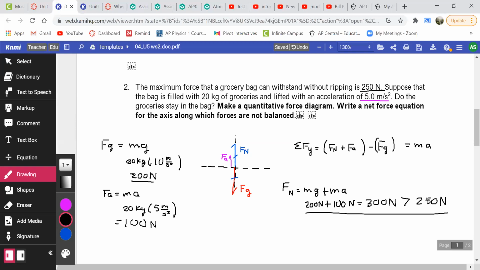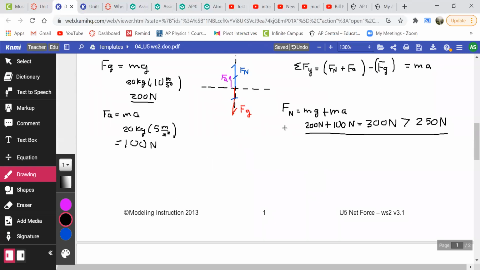So that's the answer there. Because of inertia. Inertia is coming from Newton's first law, and it's the resistance to motion of all matter. All matter resists motion. So, do you have any questions about that one?